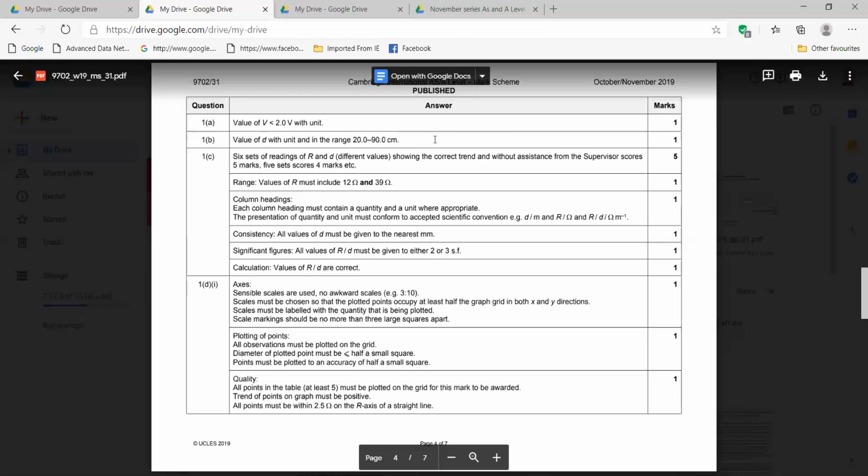Yes sir. 6 sets of readings of R and D showing the correct trend and without assistance from the supervisor scores 5 marks, 5 sets scores 4 marks, etc. Okay, this one, if you are taking the help of the supervisor for readings, like when you are taking readings during a connection problem, or due to your inefficiency to take the readings, are we allowed to take help from the supervisor?